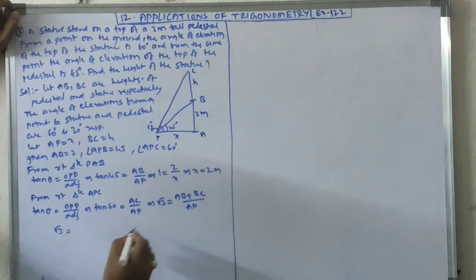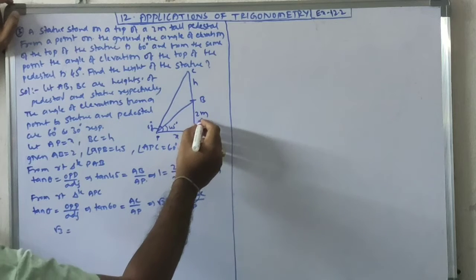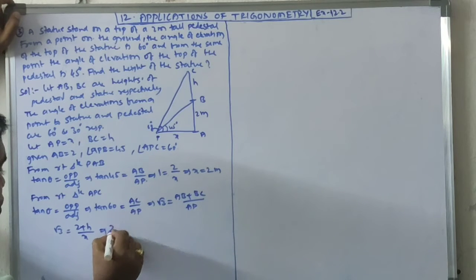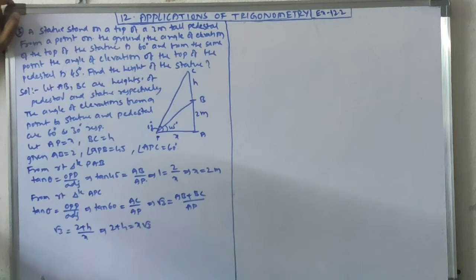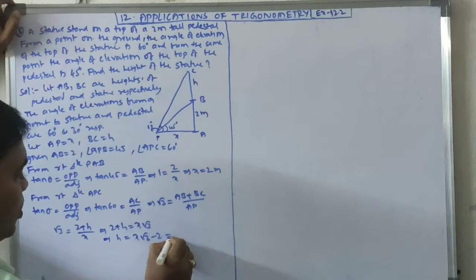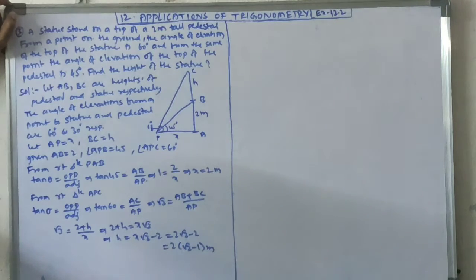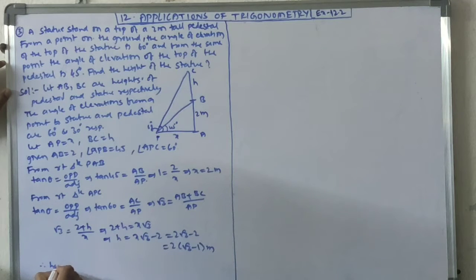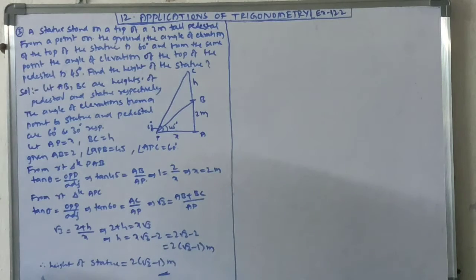Root 3 equal to (AB plus BC) by x. So, 2 plus h by x implies 2 plus h equal to x root 3. Substituting the x value, h equal to x root 3 minus 2, x equal to 2, so 2 root 3 minus 2, which is 2 times (root 3 minus 1) meters. So h is the height of the statue. Therefore, the height of the statue equals 2(root 3 minus 1) meters. This is the required solution.